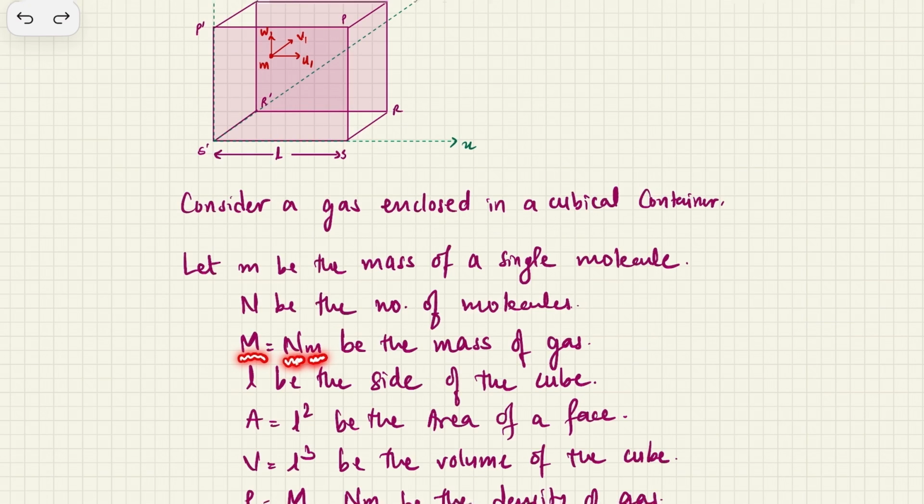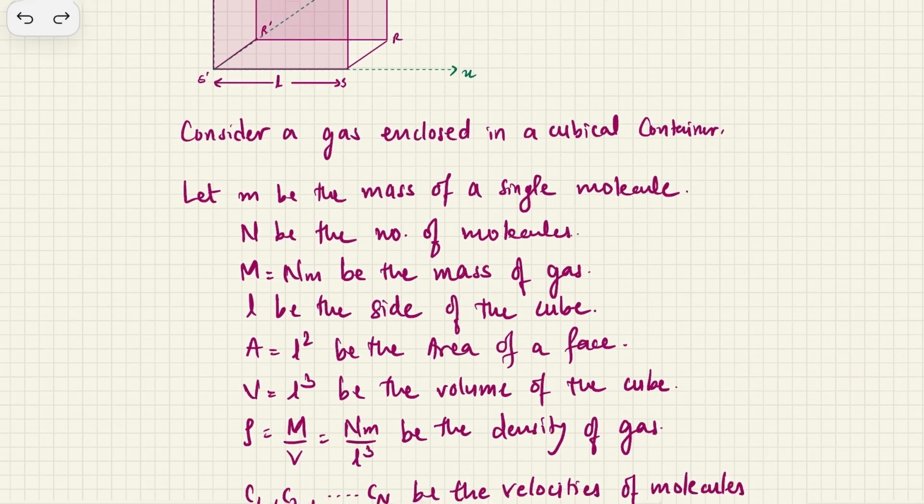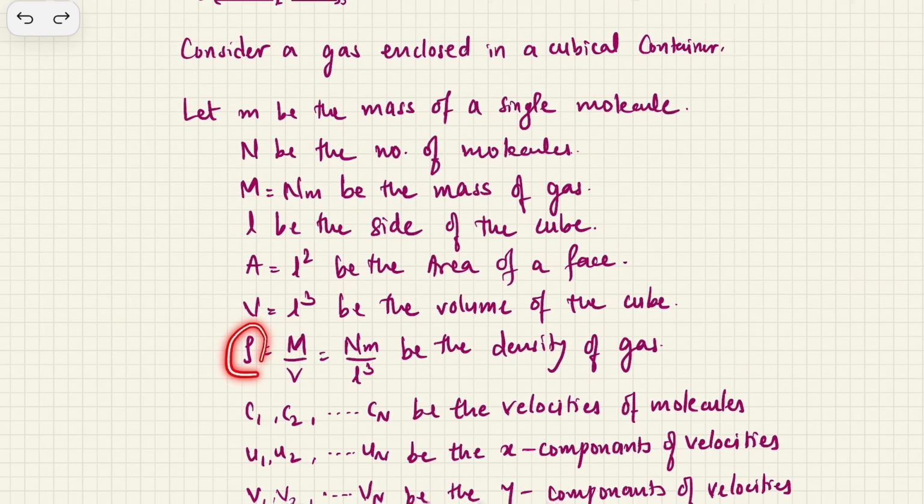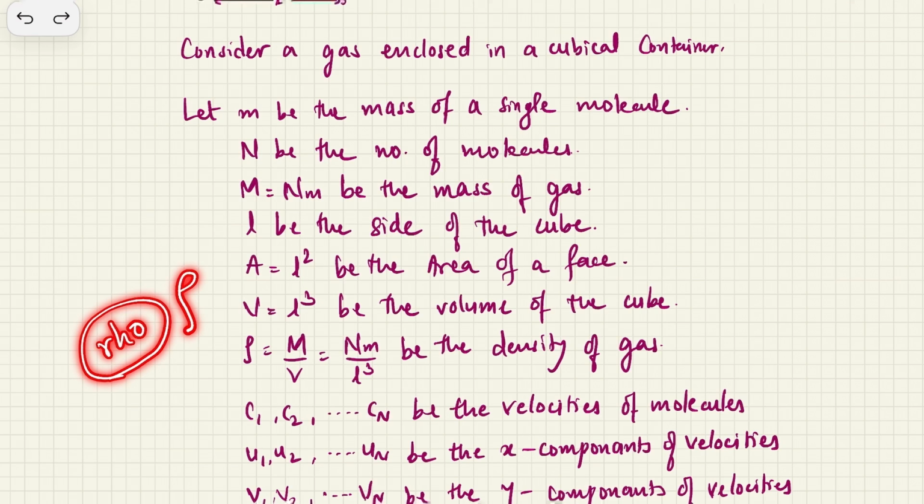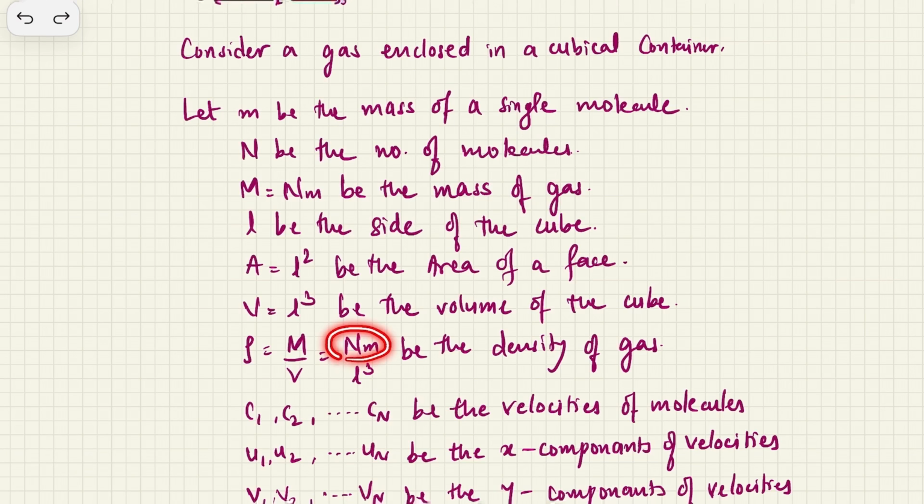L is the side; I have already mentioned L square is the area, L cube is the volume, and density is written as rho. The formula for density is mass upon volume. So mass is Nm and volume is L cube.